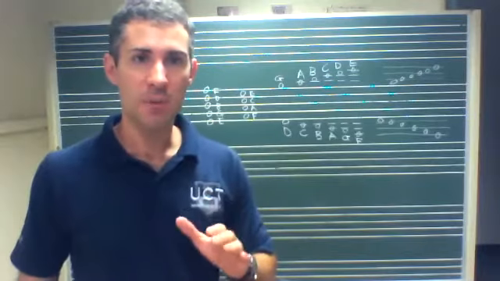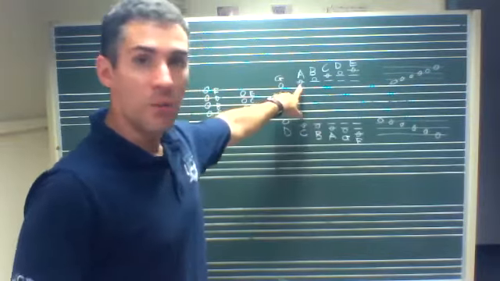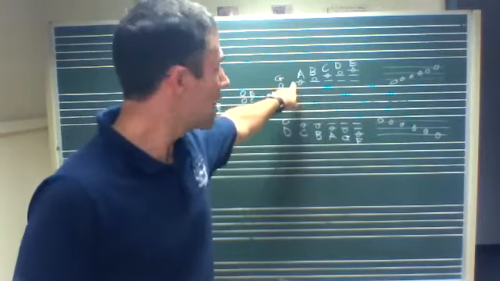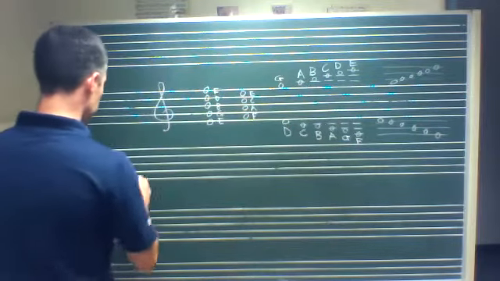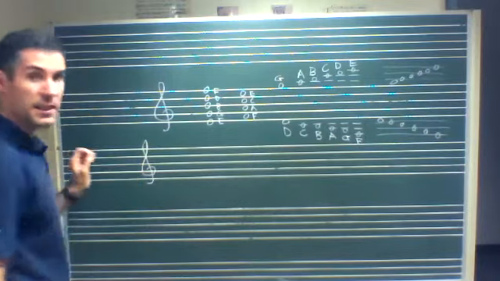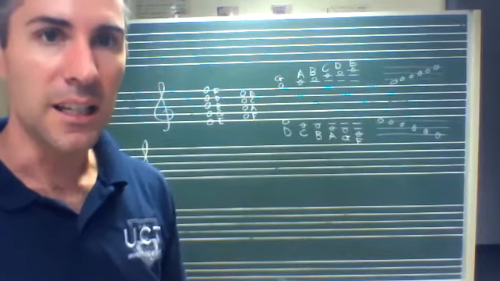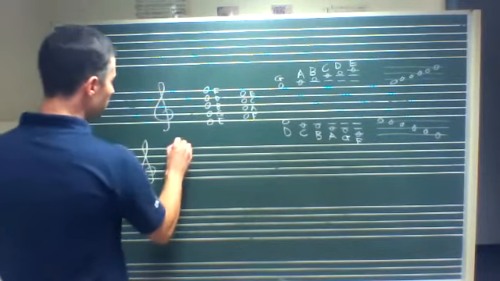Now, what I noticed when some of you were doing the worksheet was when you are writing the ledger lines, some of you were just writing one ledger line for all of the notes. So for example, let's say I asked, please write the note E above. And many of you just wrote this.